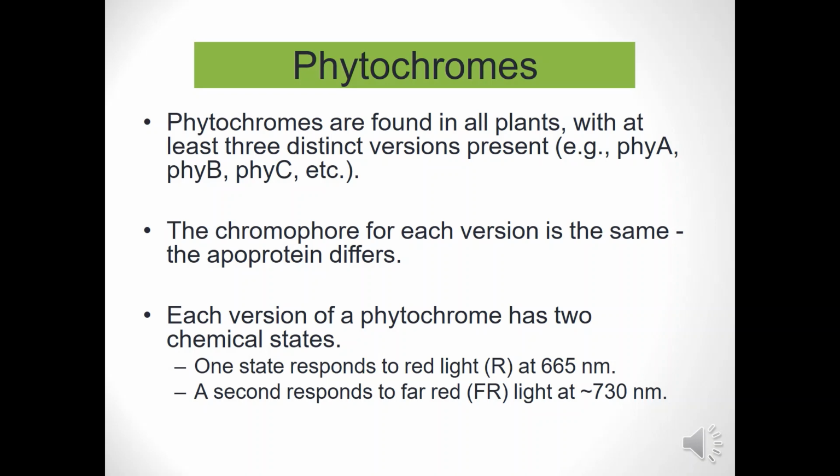Okay, now we go to the first photoreceptor, which is phytochrome. This phytochrome is found in all types of plant species, and it has three different versions: phytochrome A, B, and C. For these three, A to C, they have a similar chromophore, which is a similar non-protein substance, but they only differ in the apoprotein.